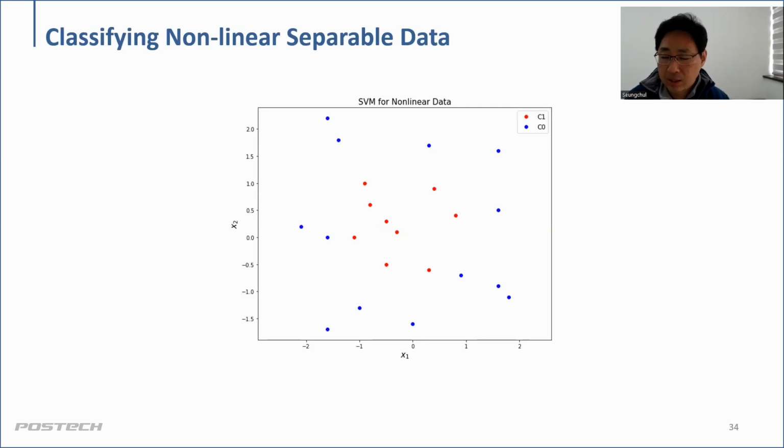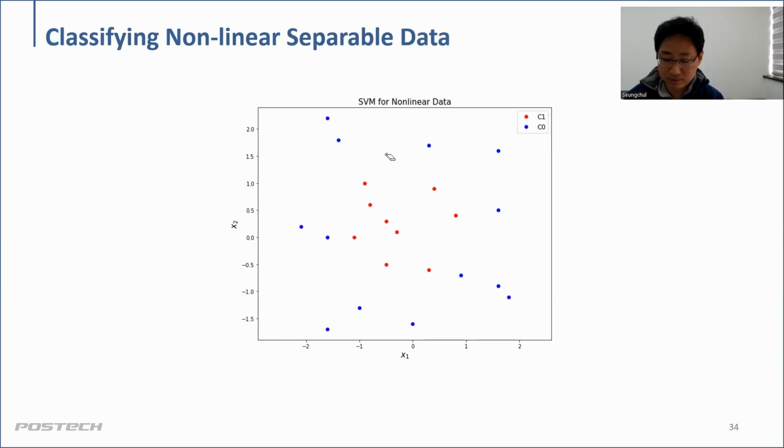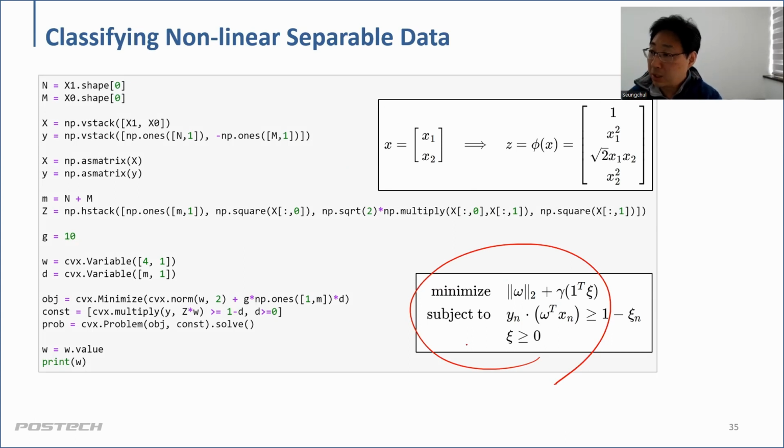Okay, and suppose we have this kind of data distribution. As you can see, if I ask you to draw the nonlinear classification boundaries, probably we want to draw like that, right? But this one is not a linear classifier. So here, let's say I'm going to use SVM as the linear classifier. But before that, we need kernels to remap, from two-dimensional space to 3D space.